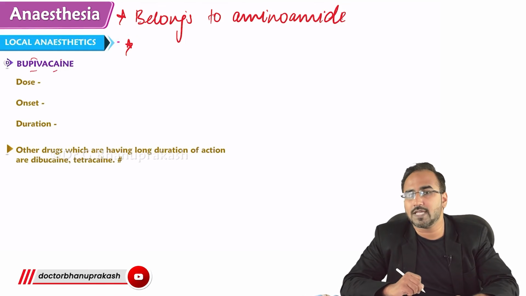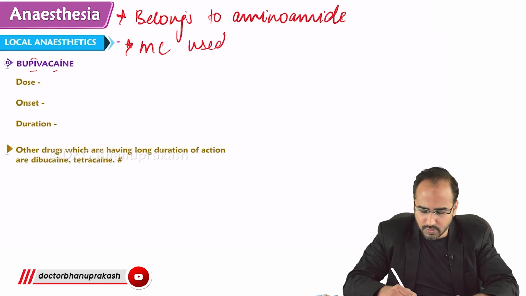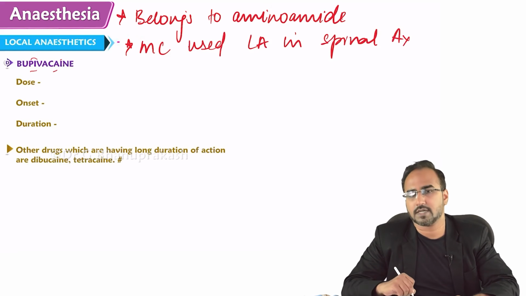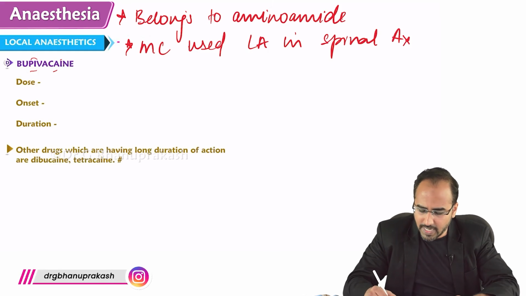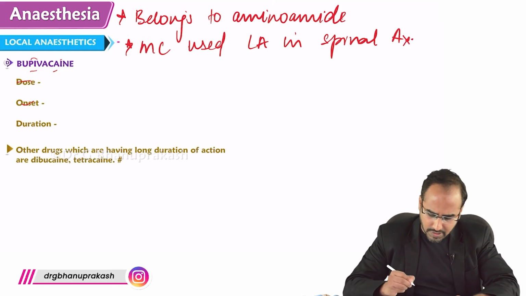Next point of Bupivacaine that we need to remember is Bupivacaine is the most commonly used local anesthetic in what anesthesia? In spinal anesthesia. Dose onset is not important.